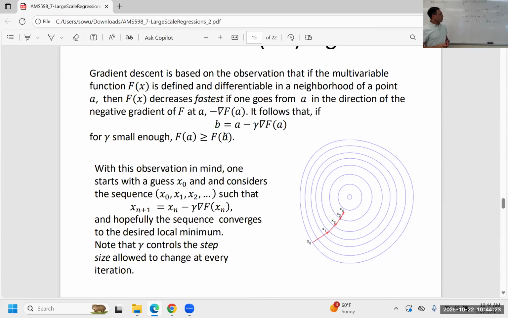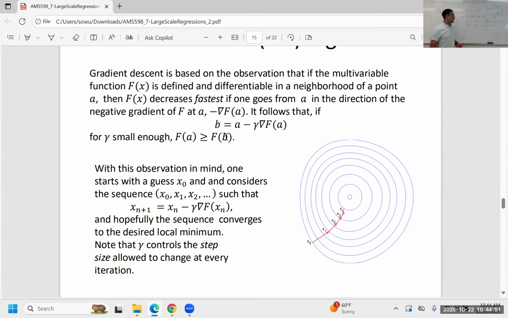Now, if you evaluate b, say b is equal to A minus gamma times gradient f(A), right? So what I have here is f(B) is going to be equal to f(A), plus some higher-order terms which I ignore, plus the gradient of f(A) times (B minus A).